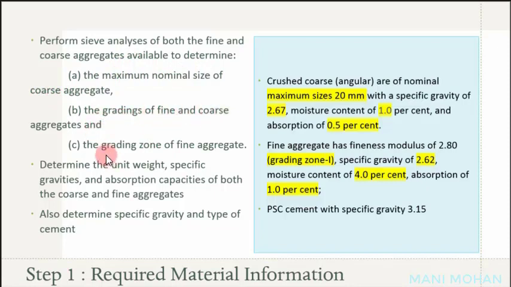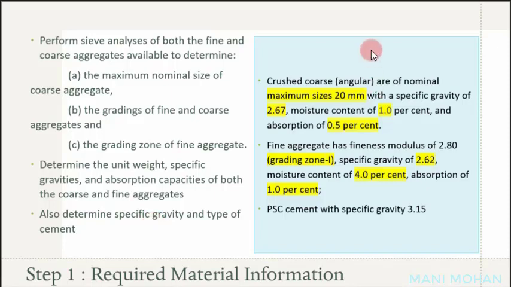Also we need to know under which zone the fine aggregate is going to lie. Apart from this data, we would also like to collect the information about aggregate unit weight, specific gravities and absorption capacity. Moreover, we need to know what type of cement is being used as well as its specific gravity for proceeding with the mix design.